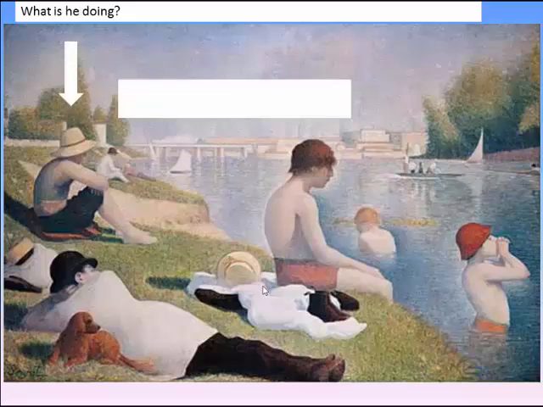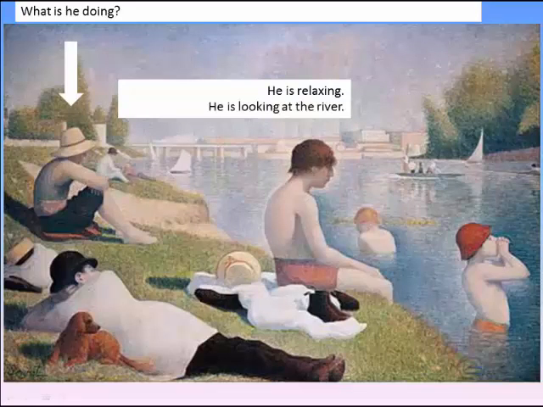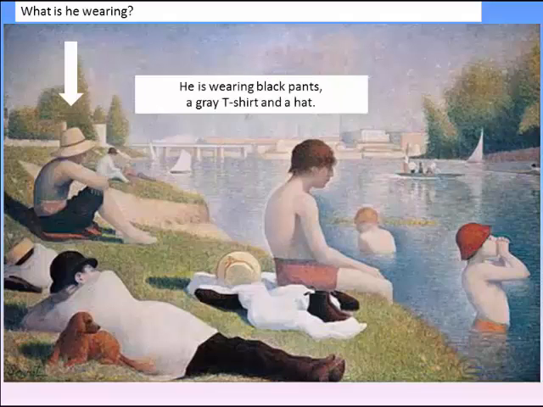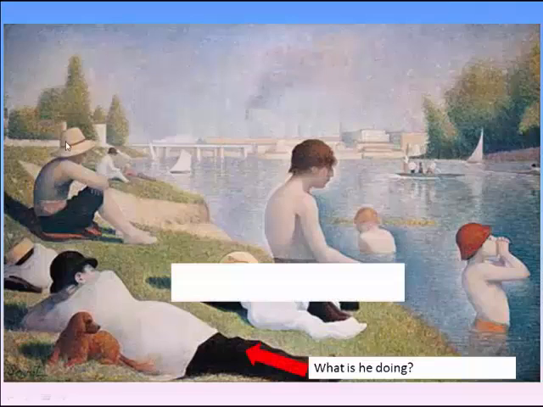Specifically, what is he doing? Well, he is relaxing and he is looking at the river, like all the people in this painting. What is he wearing? Well, he is wearing black pants, a gray t-shirt, and a hat.